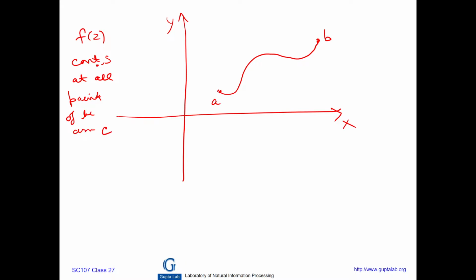So this is the curve. We divide it into subintervals z1, z2, z3, and so on, zk minus 1, zk, and finally zn minus 1. So basically we have this curve which we have divided.